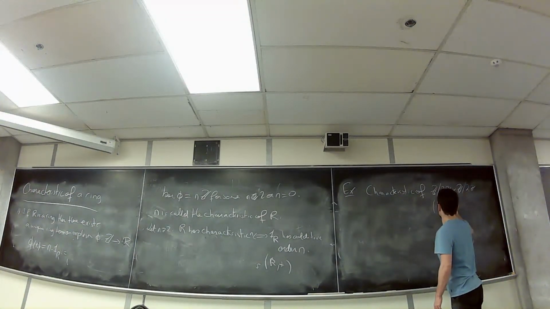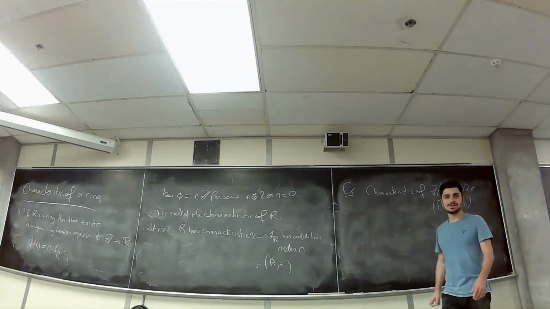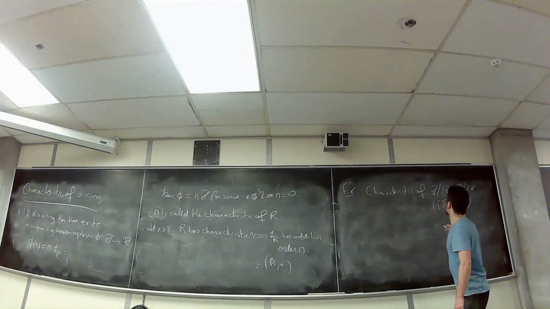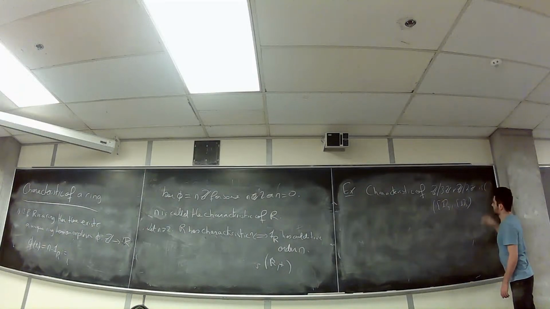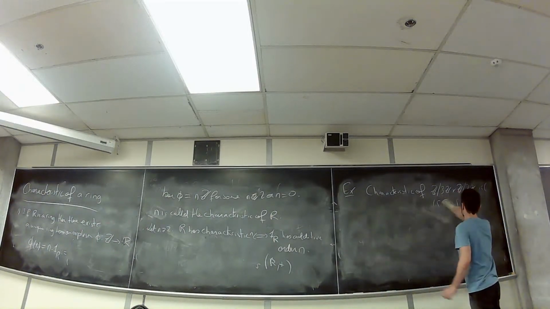It's 1 mod 3 and 1 mod 2. What's the order of this one? It's the LCM of 3 and 2, which is 6. So the characteristic is 6. Okay, what's the characteristic of Z4 cross Z2?